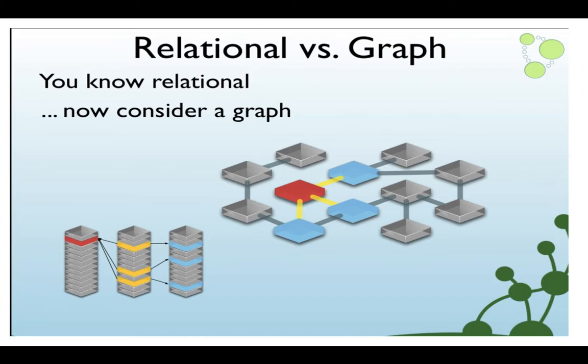But when the depth increases, when the number of joins increases, it becomes slow. Whereas on a graph DB, you can see all the nodes are in a flat structure, they are index-free, they are easy to manipulate, and they are fast to search.